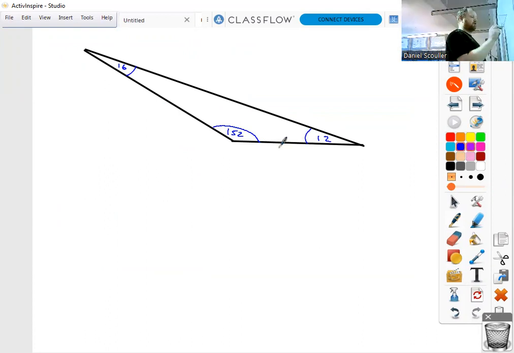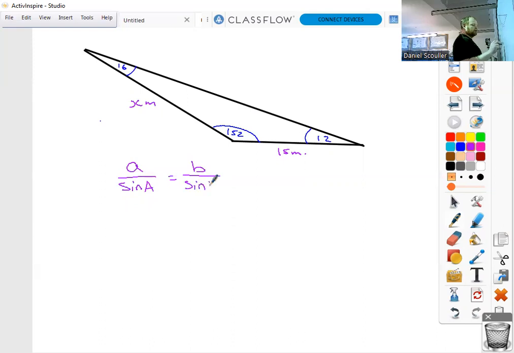We get given this length here, 15 meters, and we're trying to find this unknown, I'll call it X meters. I said multiple times that we want to use this sine rule. The hardest thing with these rules is understanding what the letters are telling us, but you need to get good at it.